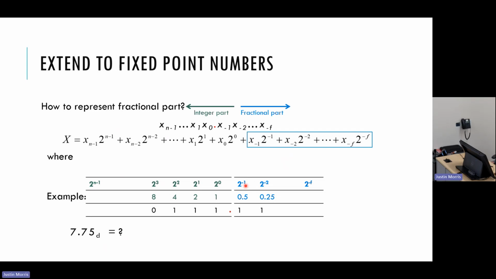So 2 to the negative 1 is just 1 over 2, right? Which is 0.5, so we need 0.5. So we put a 1 here. And then 2 to the negative 2 is 1 over 4, which is 0.25. So we need 0.25 as well. And then if we have 0.5 plus 0.25, we get 0.75.